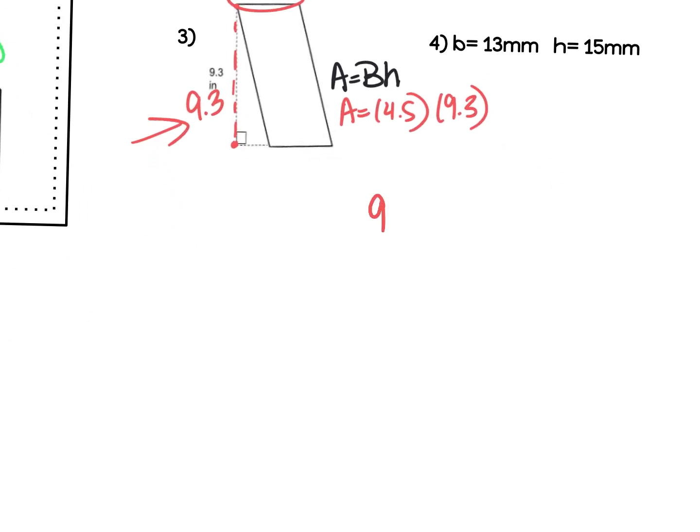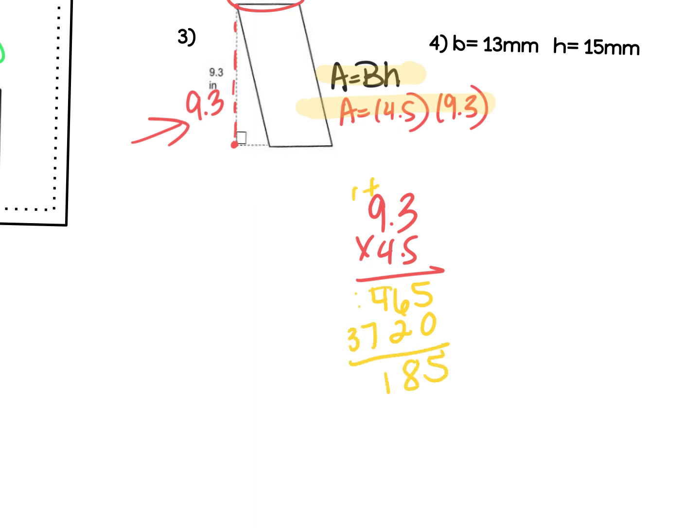So to find that answer, all I do is I just multiply. I did my formula, I plugged it in, and now I am finding my answer. And that is my area equals 41.85 inches squared.